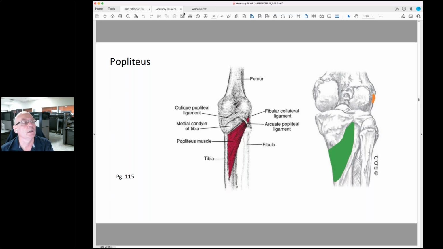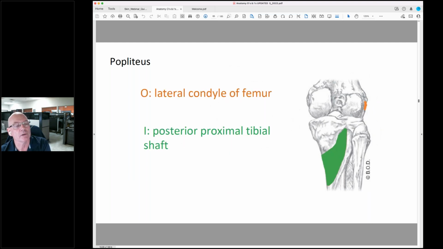So next, the origin of popliteus, lateral condyle of the femur, okay? So now, remember, the condyle is the bump, epicondyle above. So now we're looking at the lateral condyle, so just out to the outside.